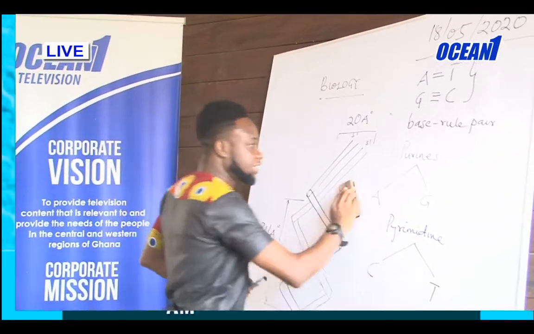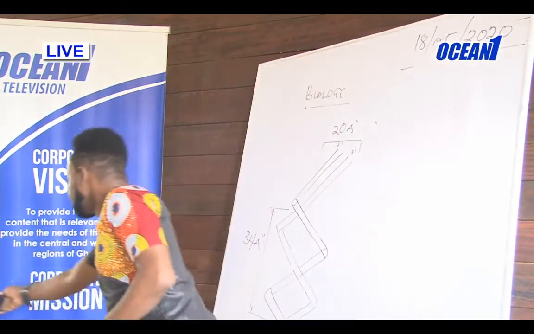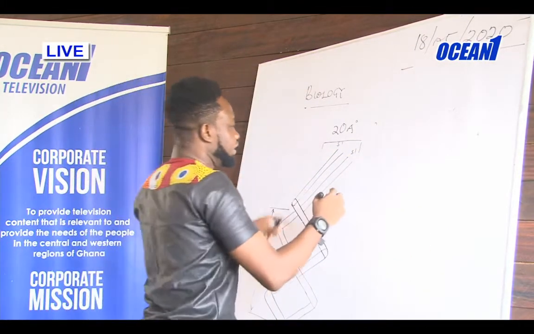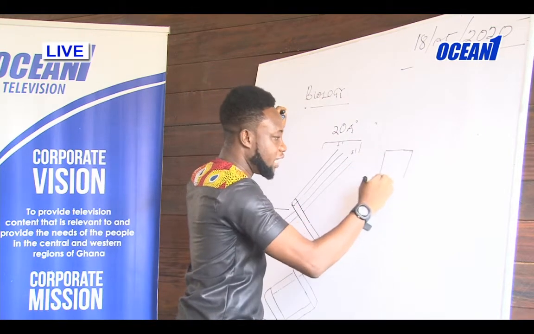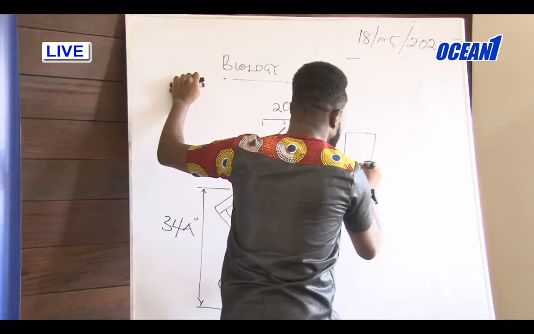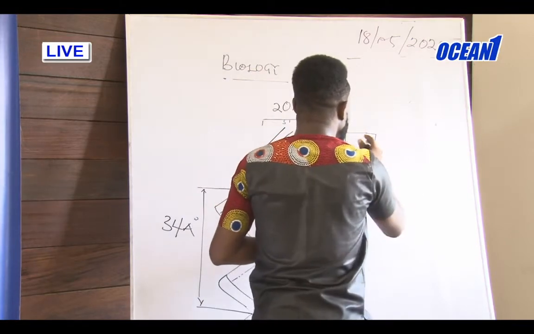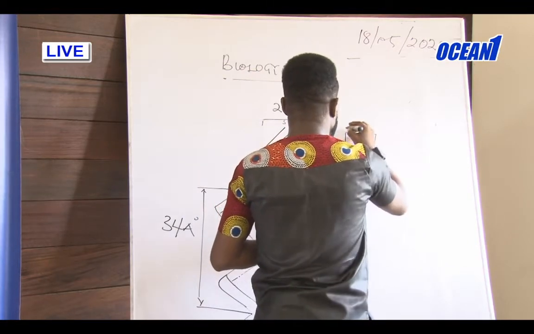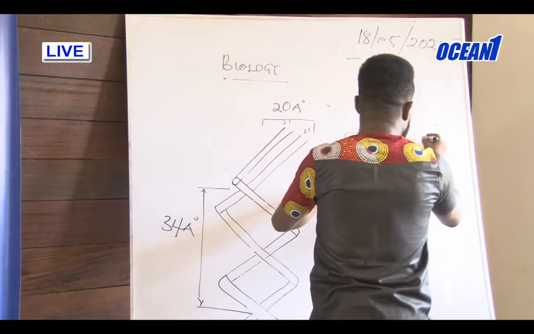So we can draw the structure using the base pairs. You could say that this is our pentose sugar. You remember that we drew the pentose sugar. Then this pentose sugar will have another pentose sugar here like this.